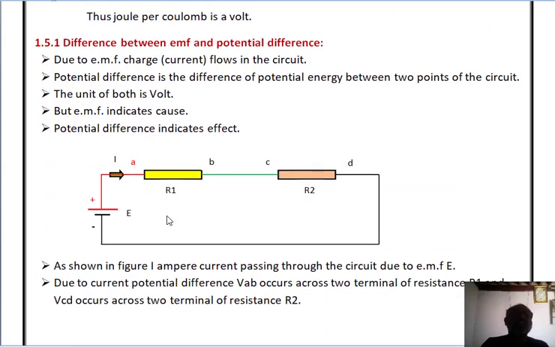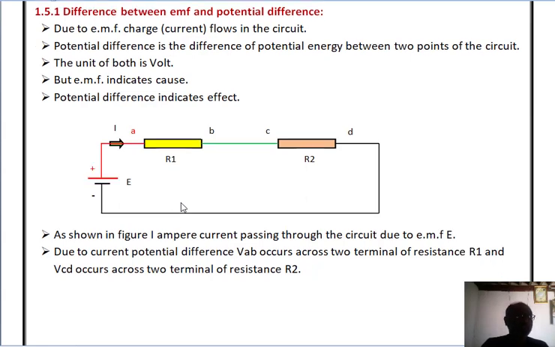Let me explain the difference between EMF and potential difference. Due to the EMF, the charge or current starts to flow in the circuit or the conducting materials. The potential difference is nothing but the difference of potential energy between 2 points of the circuit.